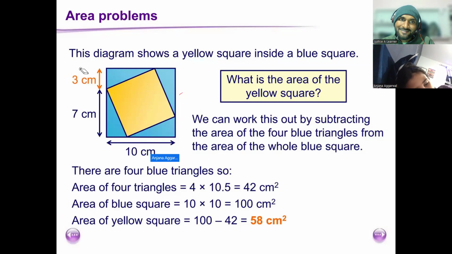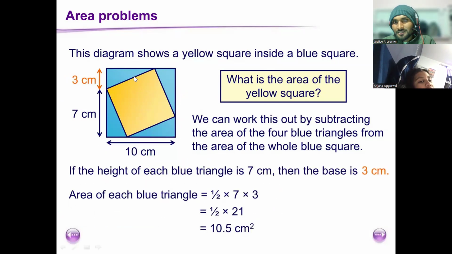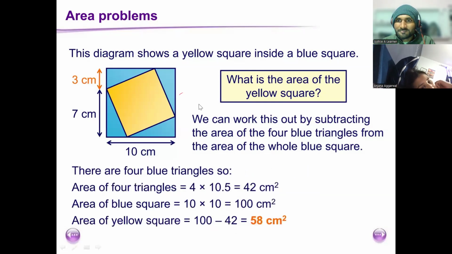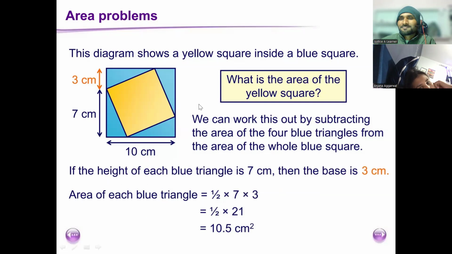Okay. One more time, observe this. Now read this back. We can work this out by subtracting the area of the four blue triangles from the area of the whole blue square. What do you observe by reading this?